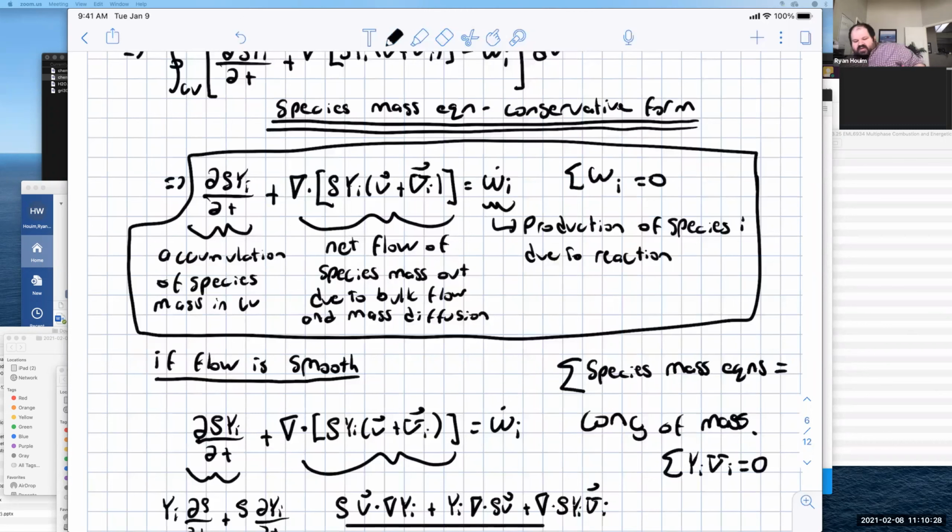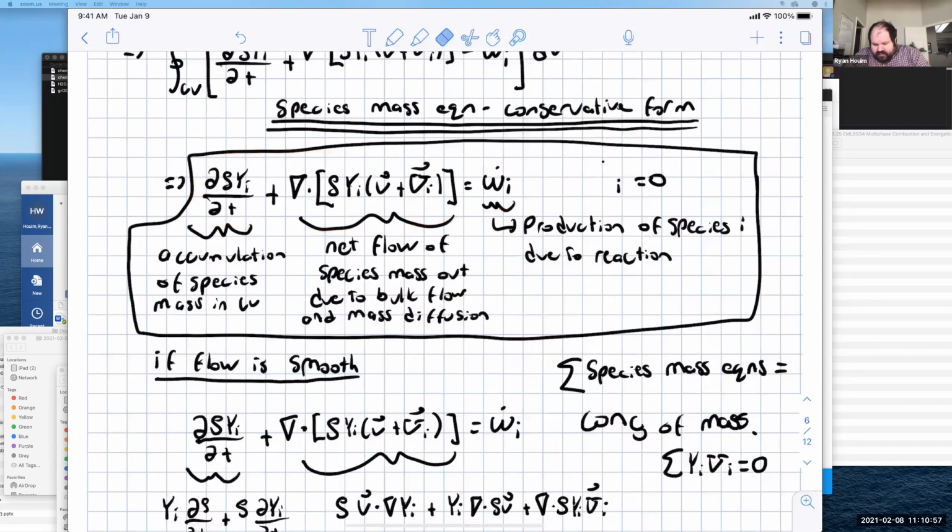That's a consequence of conservation of mass. Basically, this states that chemical reactions cannot create or destroy mass. So if you were to sum up all of these species mass equations and apply these properties, you would in fact wind up with conservation of mass.